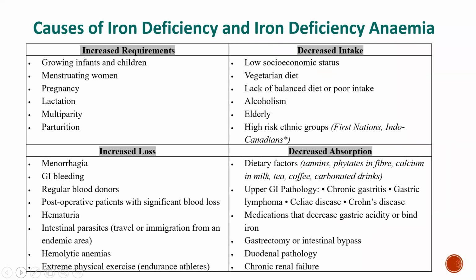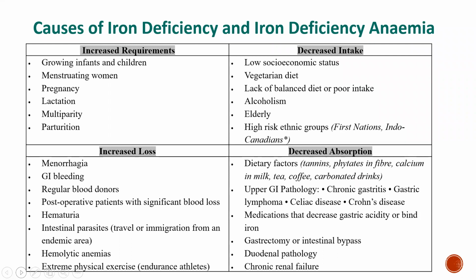There are 4 major types of causes that can lead to iron deficiency and the appearance of anemia. The first one is increased requirements of iron, in case of, for example, pregnancy, lactation, menstruating women, or growing infants and children.